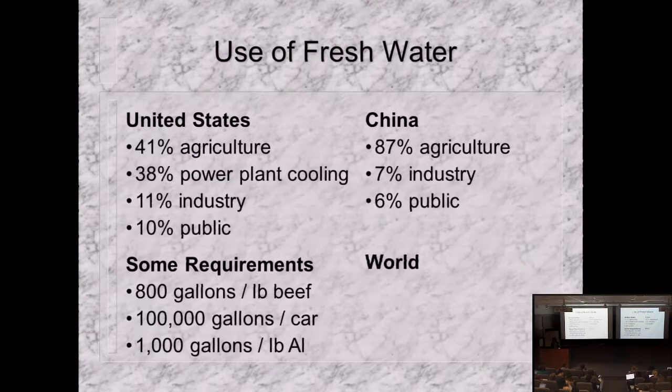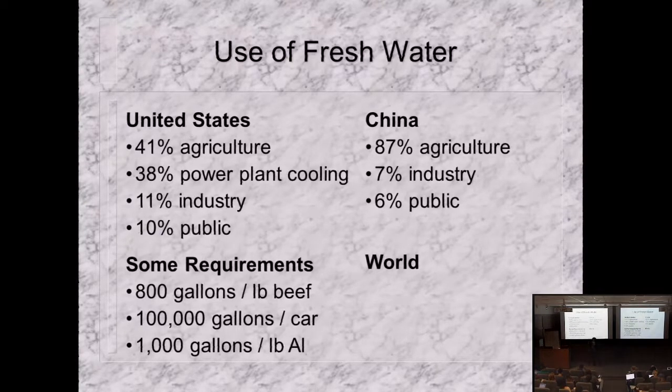So how does the United States stack up to China? Well, China, you can expect these numbers to change rapidly as they're undergoing their expedited industrial revolution. But right now, up to 90% of the water use in China is for agriculture. There's a lot of rice grown in China. Rice is a flooded crop. It can only grow in standing water. So there's a lot of water that's used in agriculture. 7% industry and 6% public.